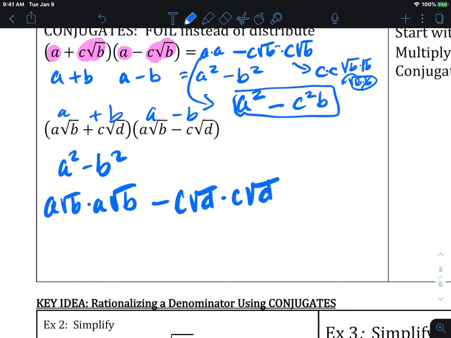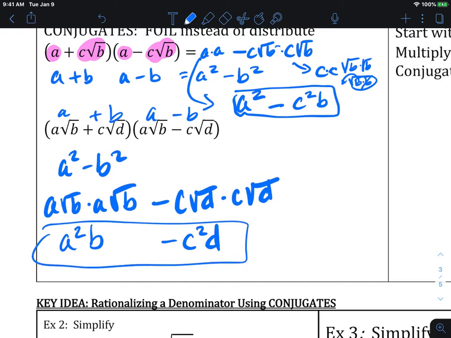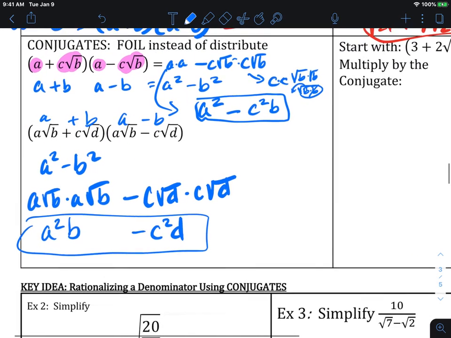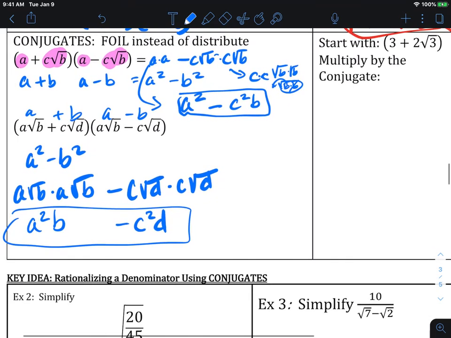Well, I just did that one over there, but with a B instead of a D. So this is going to be minus C squared D. So this one's got to be A squared B. And I think it's actually harder with the letters than it is with the actual values.